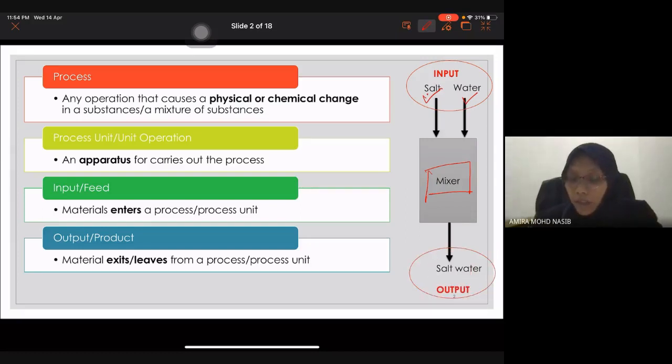After those inputs go into your mixer, they mix together, and then they go out from your mixer, which is your unit operation, as salt water. So salt water we call the output. I hope you understand. So what is the process here? The process we just call simple mixing.